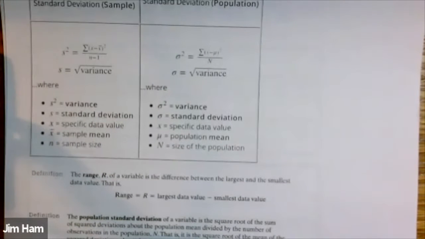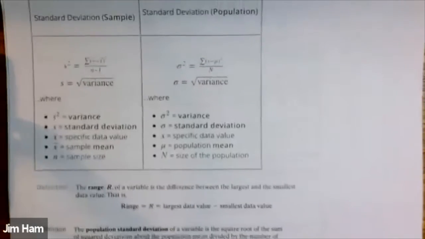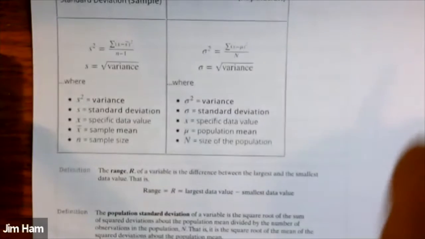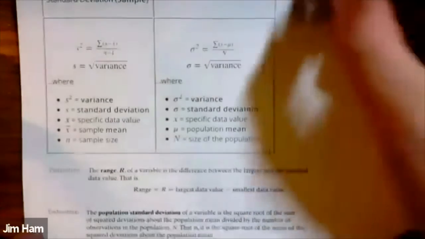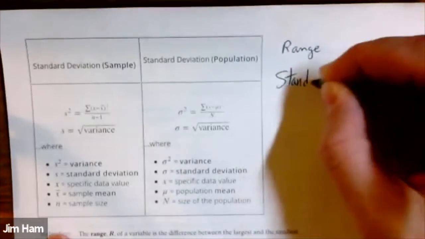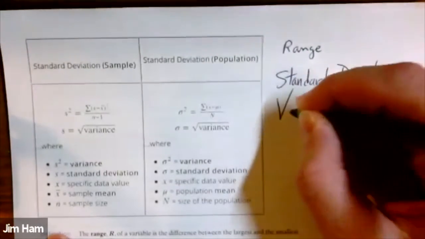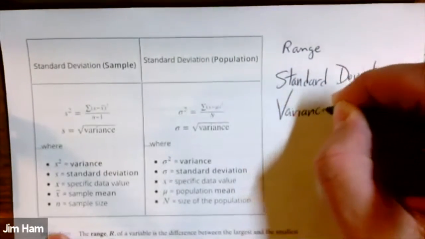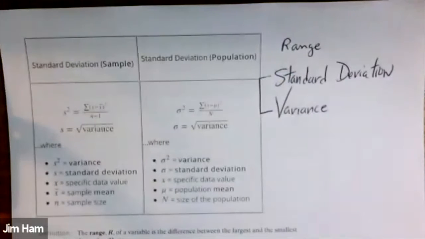The other thing we're going to be on the lookout for are data values that are very, very extreme. And we'll have a way to identify these extreme values that we call outliers. So most of the time when we calculate these measures of spread, there's the range, the standard deviation, you may have heard this term before, and the variance. The variance and the standard deviation are very closely related.